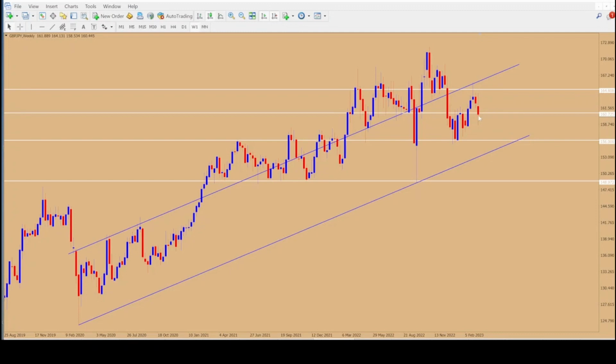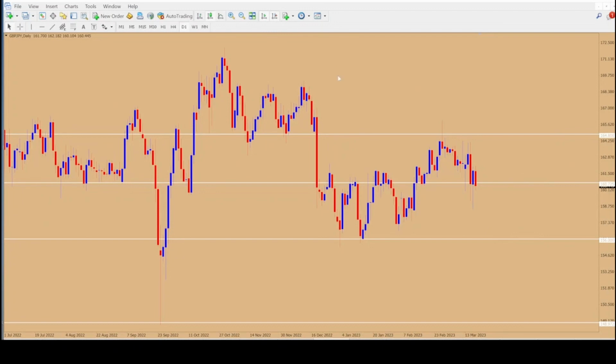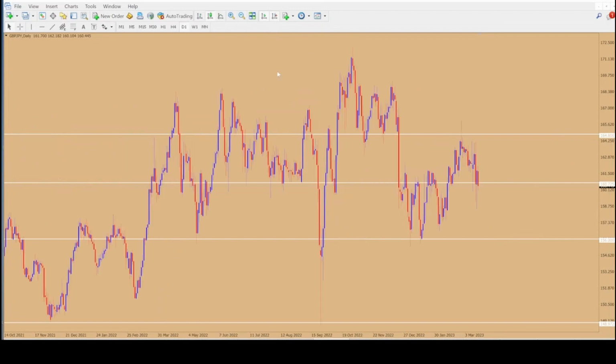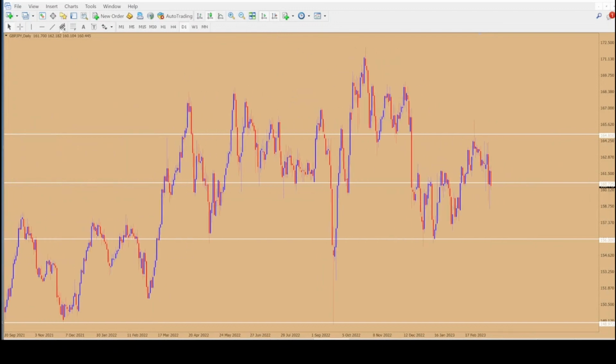What I would expect is that the market, okay, let's go to the daily first. So for this right now, I think it might be on its way to push higher.